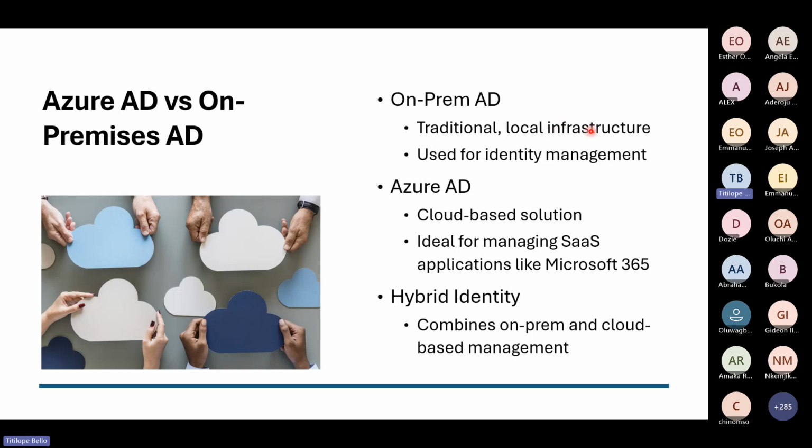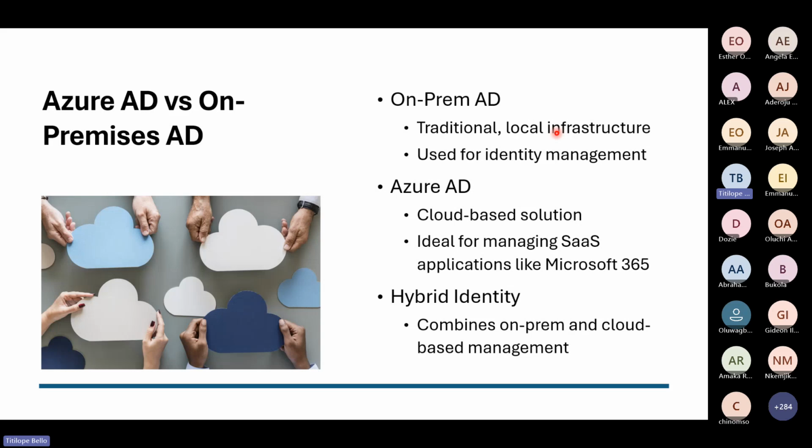Now, when I say local infrastructure, that can be on-prem in your own building or data center, or in a co-located data center with an ISP or service provider that provides a location for you to host your server hardware, and they will power it and provide other things. So Active Directory can exist there.